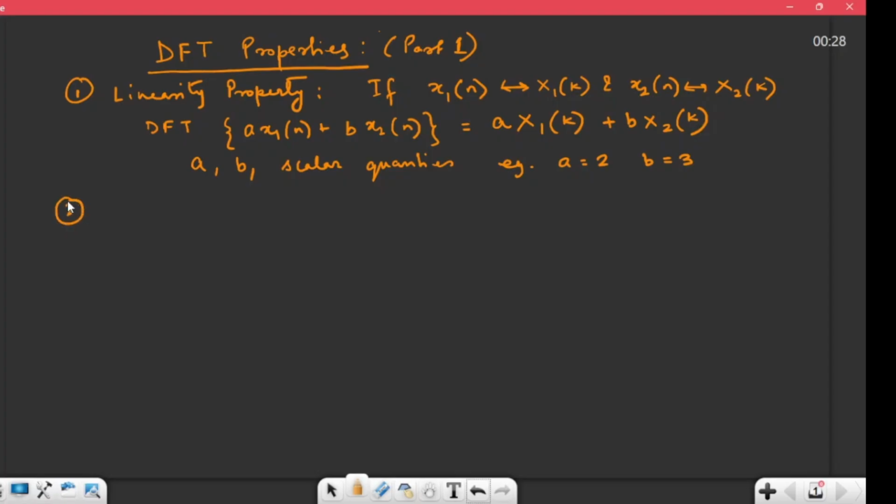The second we will do is the periodicity property.